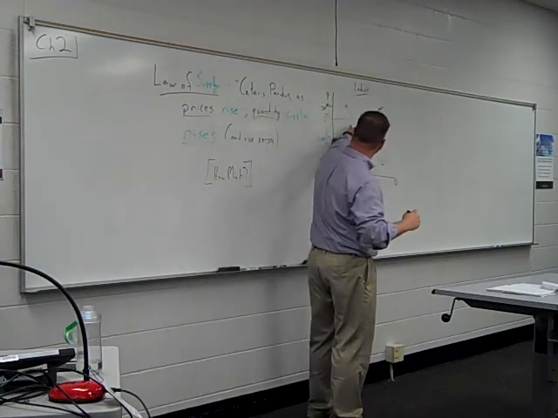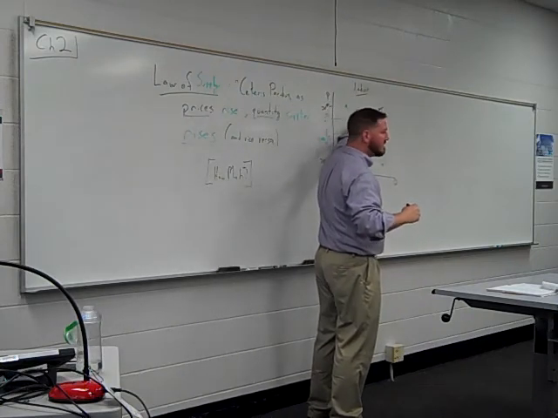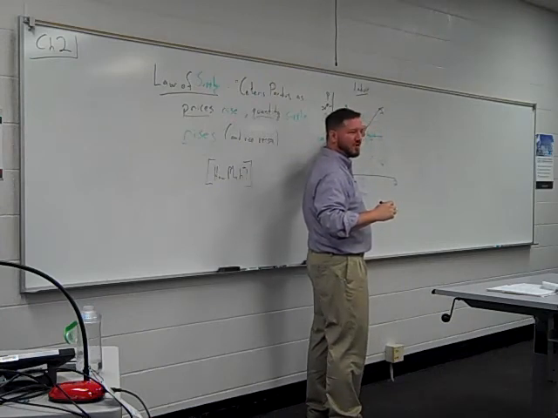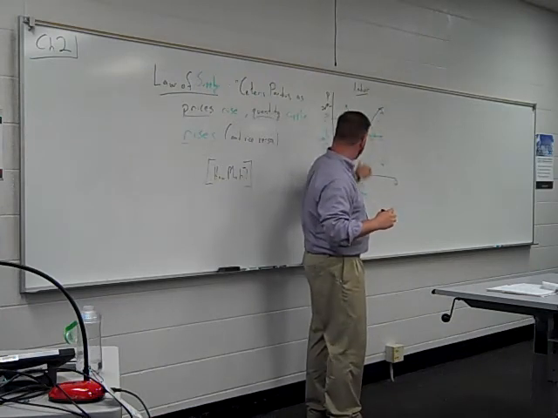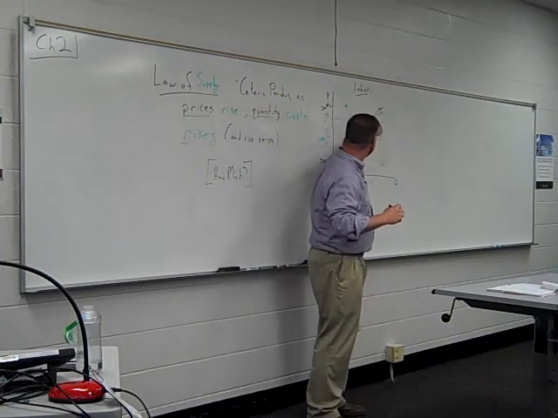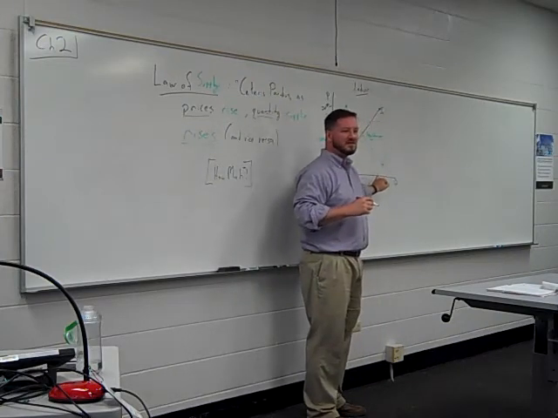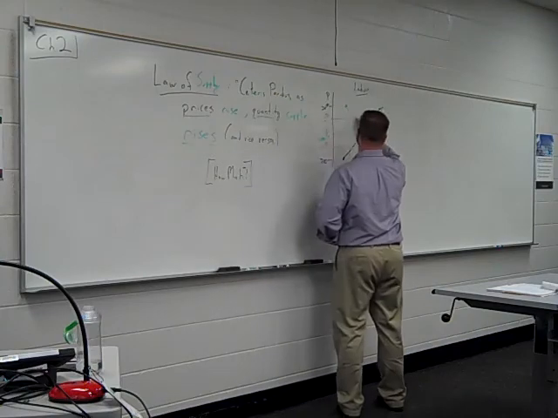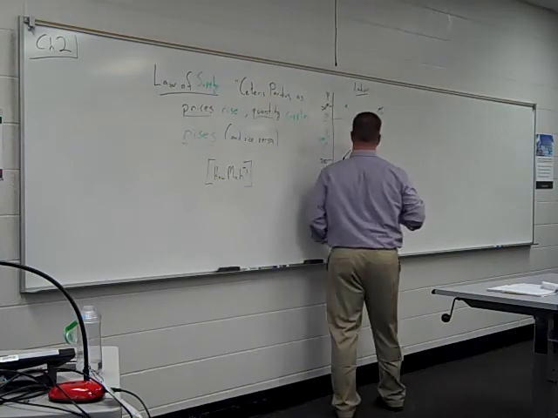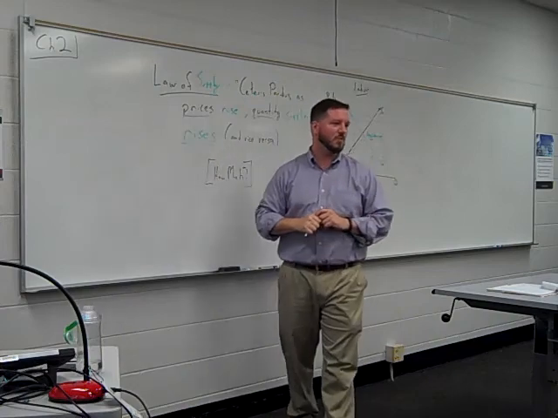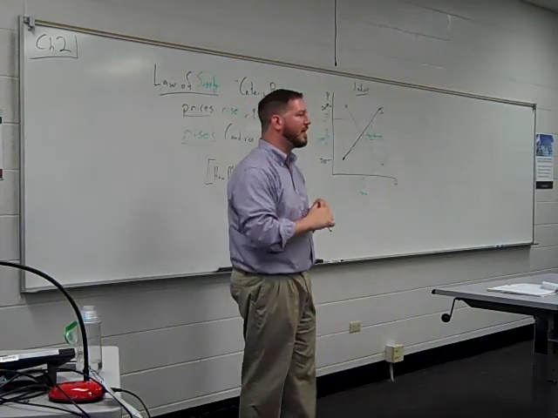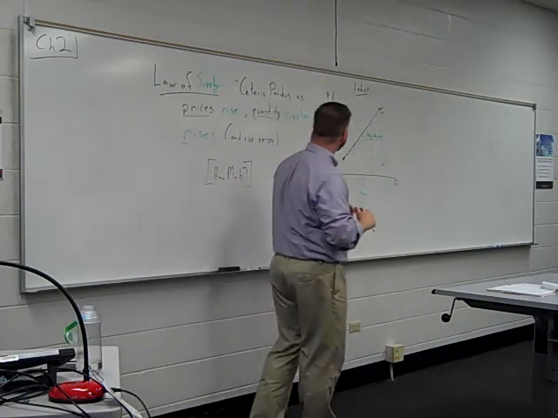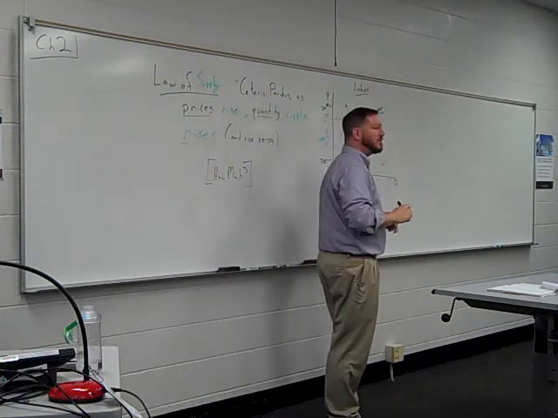So now our quantity demanded, given by where this price crosses our demand line, is lower than our quantity supplied, which is this point here. So what would we call the difference in quantity demanded versus quantity supplied? Unemployment, yes.